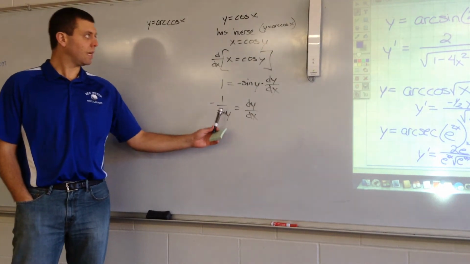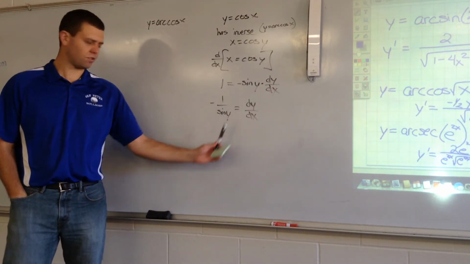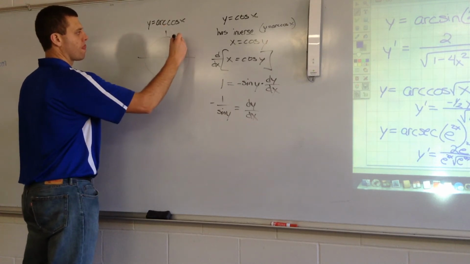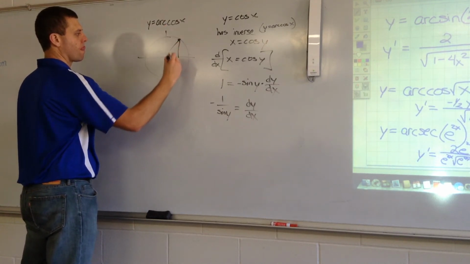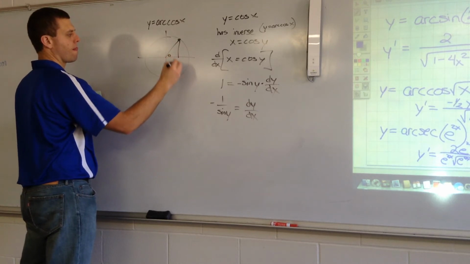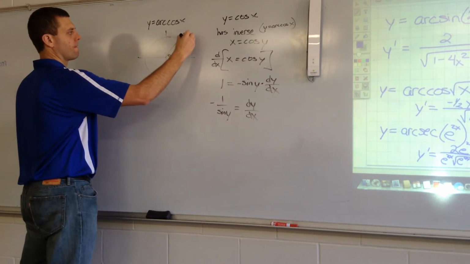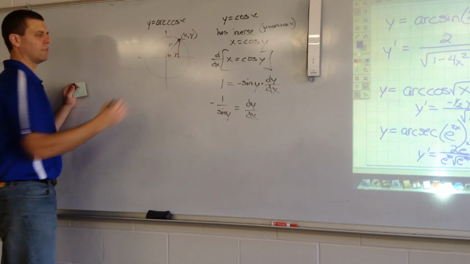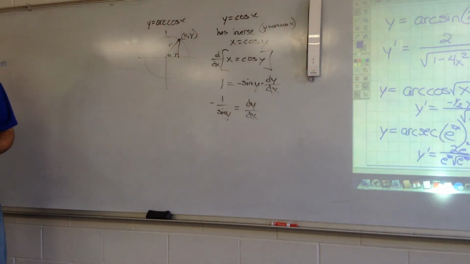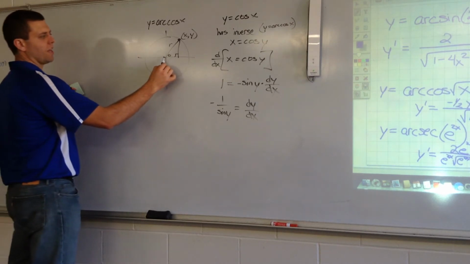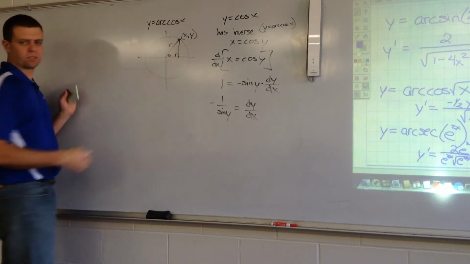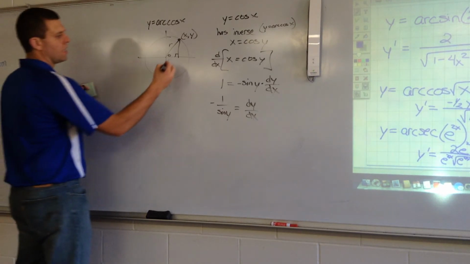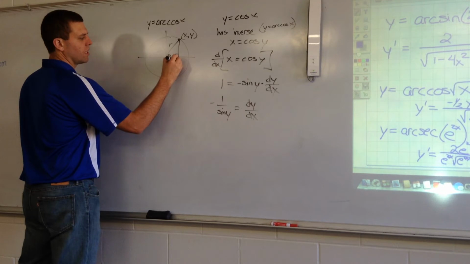I'm going to show you how we're going to change this here, okay? Bring back a little unit circle idea, okay? Would you agree that x squared plus y squared equals r squared? Yeah. Pythagorean theorem. Isn't your x value also your cosine theta?